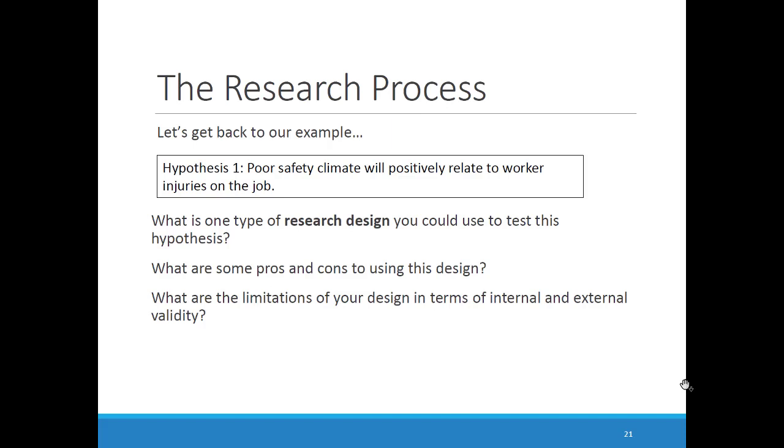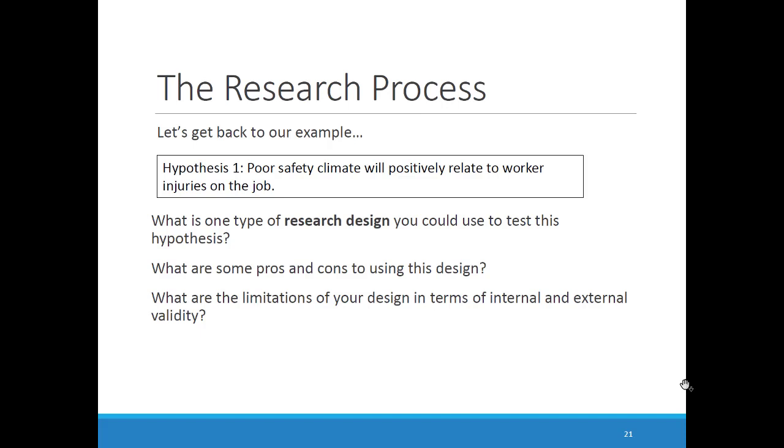I would say it's possible, but it's unlikely, especially in an organizational setting. So the safety climate generally is what it is. It's generated between the workers socially within the organization and by the managers and leaders in the organization in terms of their value of safety. So I would say that a non-experimental design is a better option for testing this particular hypothesis.